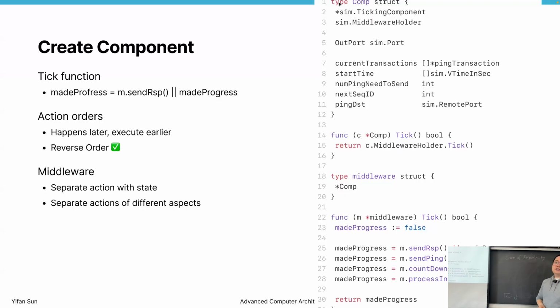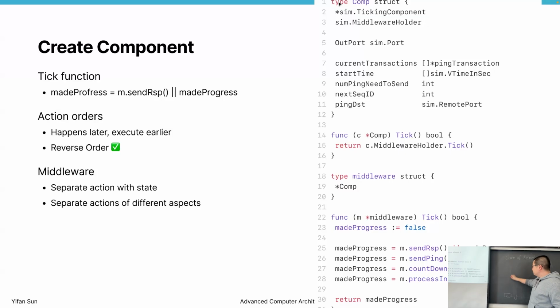What is a chain of responsibility? In some books, they simply call this the middleware pattern. How many of you have heard of it? Only a few of you. So in the rest of this course, I will try to teach you a few more commonly used patterns that can help decouple the code.